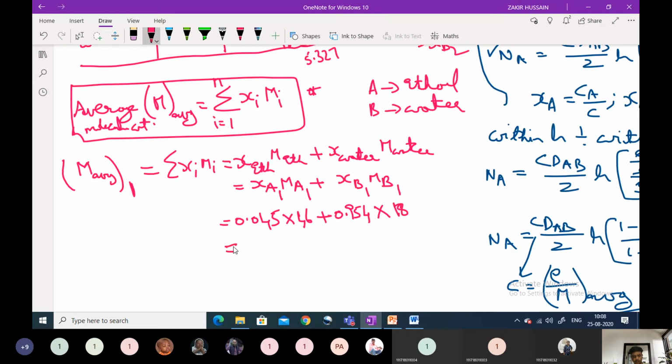So how much is this value? 0.045 into 46 plus 0.954 into 18.